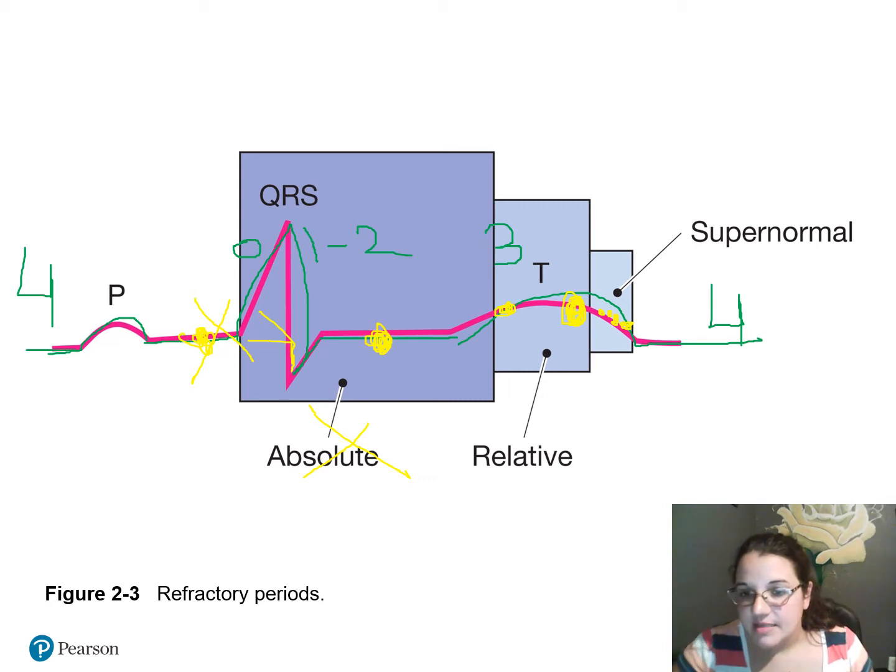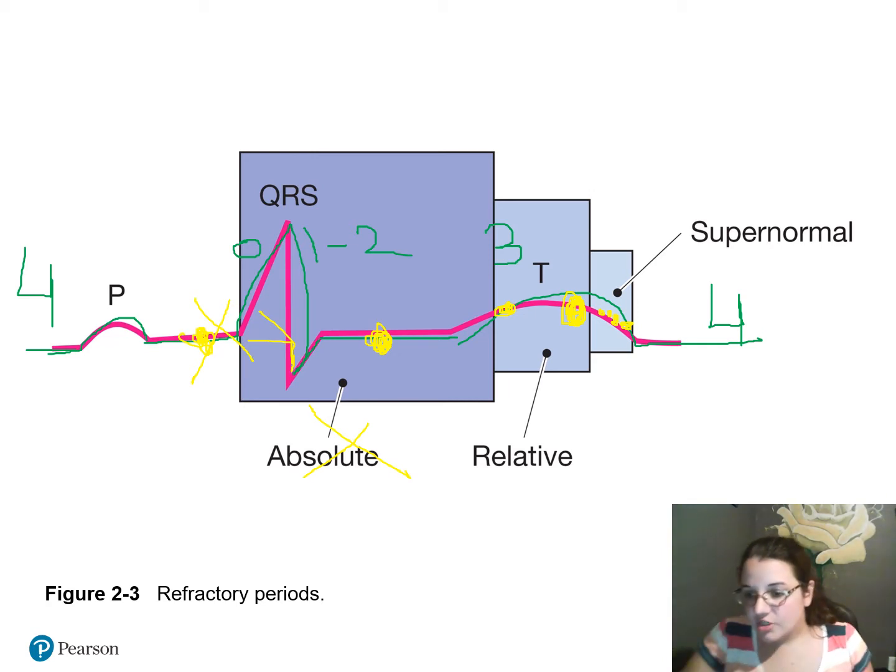The problem is when you have an electrical current or a charged cell coming into that area of the heart, it can cause it to go back into depolarization without being able to repolarize before it depolarizes. So the whole cycle is you're going to start off negative and you want to become positive and you want to end up negative.